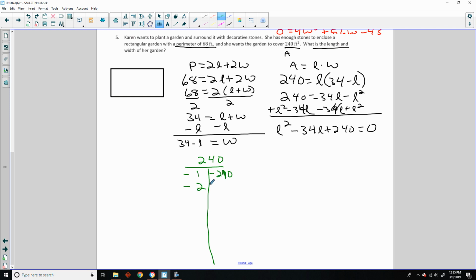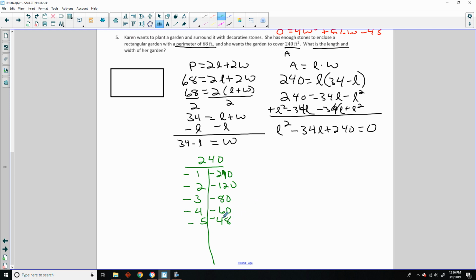Negative 2 times a negative 120 adds up to 122. Negative 3 times a negative 80, that's 83. Negative 4 times 60 is 64. We're getting closer. Negative 5 times negative 48 adds up to 53.